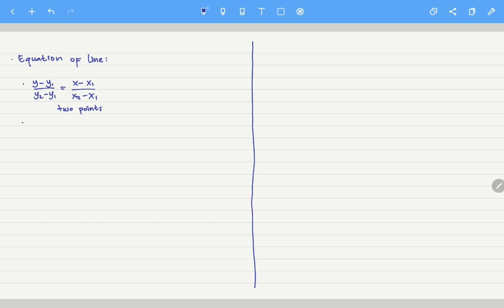Next we can use the following formula: y minus y1 equals m times (x minus x1) if we know the gradient of the line, and also we know that the line passes through a point.